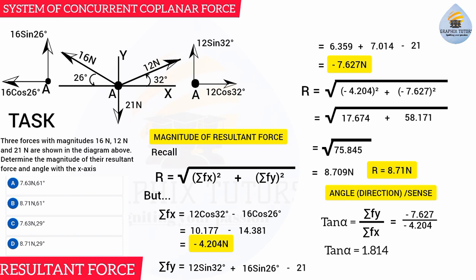So alpha will be equal to tan inverse 1.814, which gives us 61.133 degrees. So that is the angle, which is the direction.